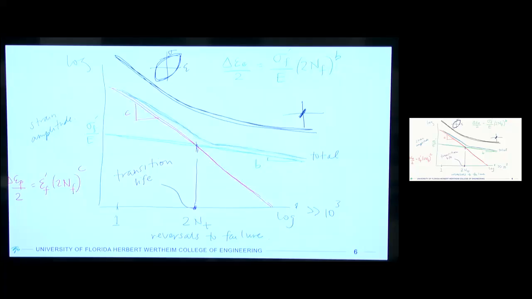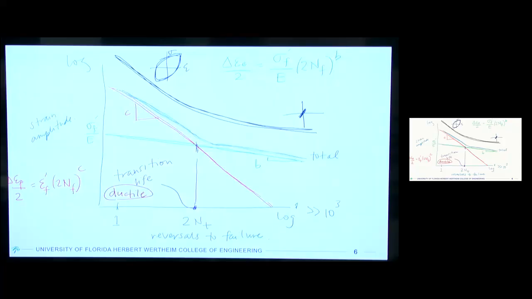We want a material with a very high strain to failure that is very ductile. So we want something with high, let's say, strain strengthening or something like that, because we know that we are going to be making use of that ductile regime because we have a lot of plastic strain compared to the elastic strain.